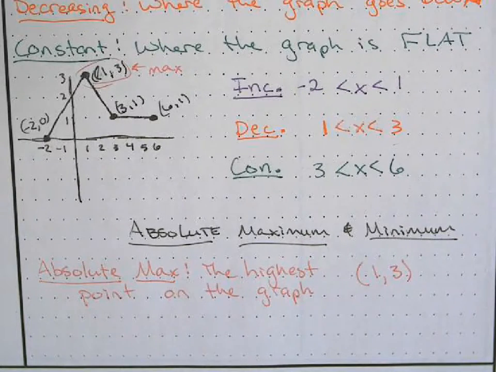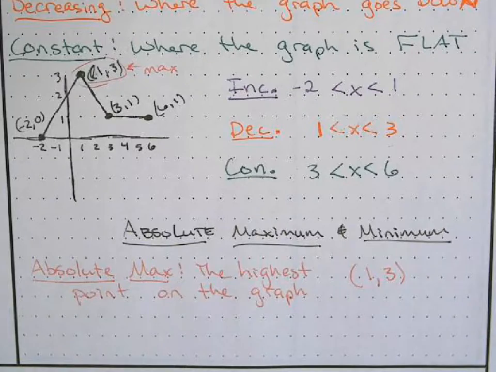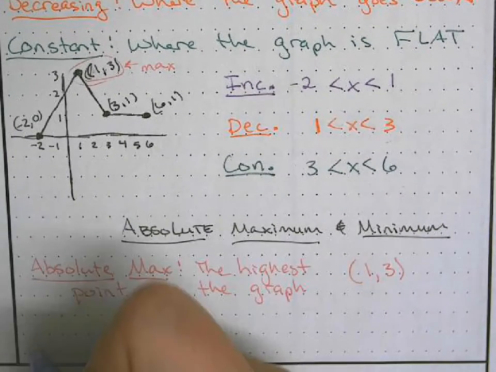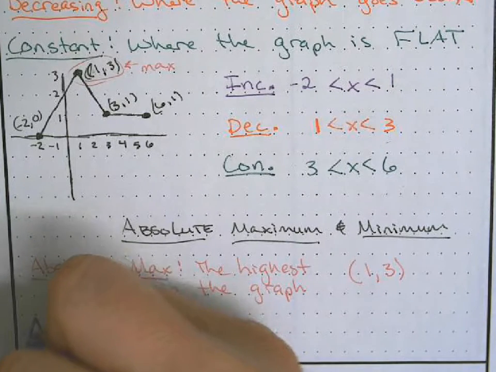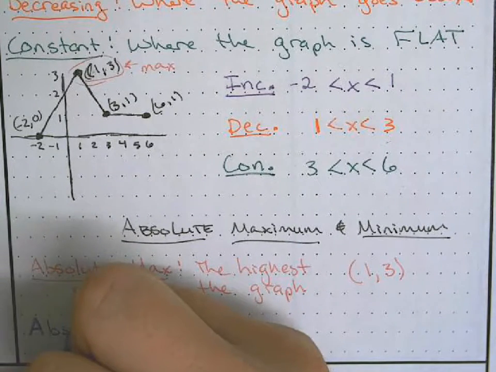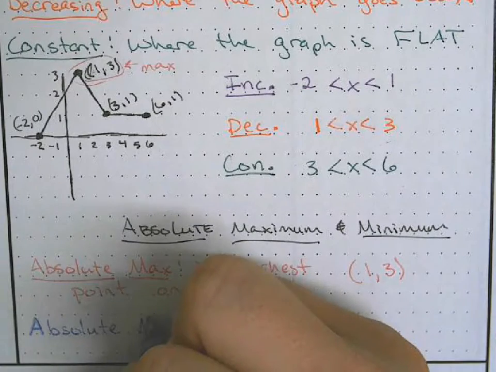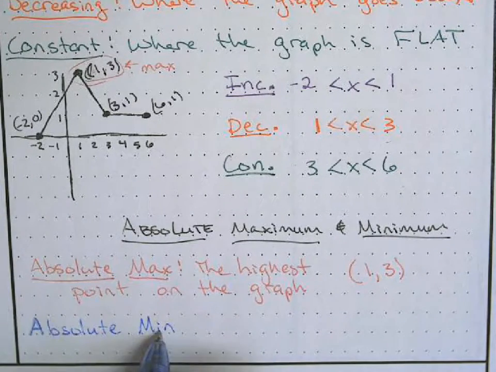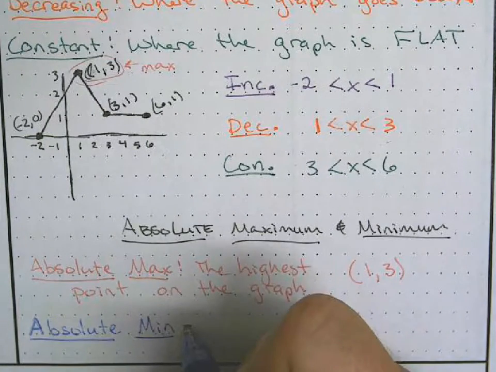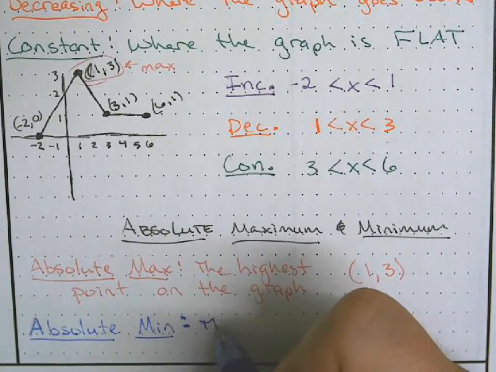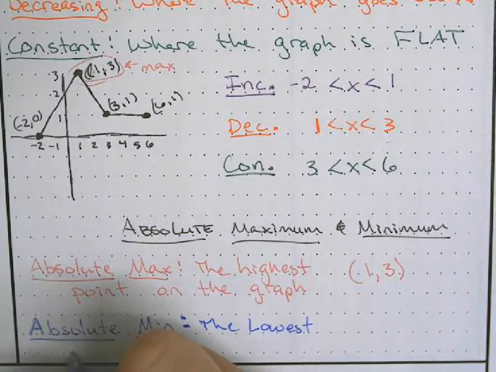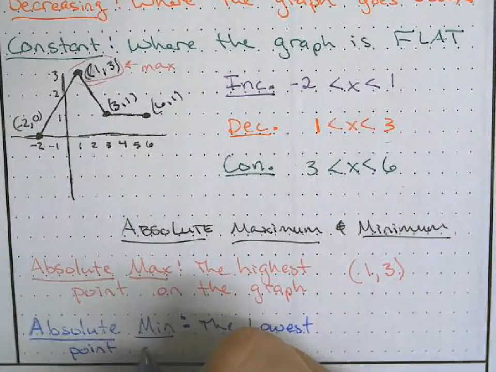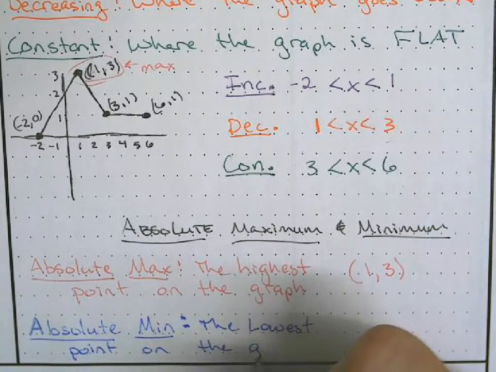And our absolute minimum is going to be just the opposite idea. I'm looking for the lowest point on the graph. So I'm going to call that the absolute min, min being short for minimum. And that's the lowest point on the graph.